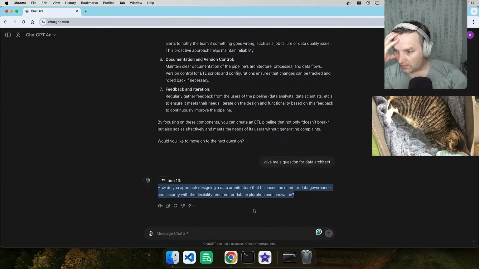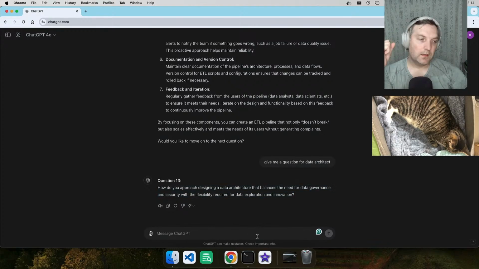What do you think of the DBT here? DBT is an interesting tool. I think DBT is okay when you have a single database and it allows you to build the pipeline based on that. I personally am not really a big fan of DBT. The reason for that is I kind of like creating my tables.